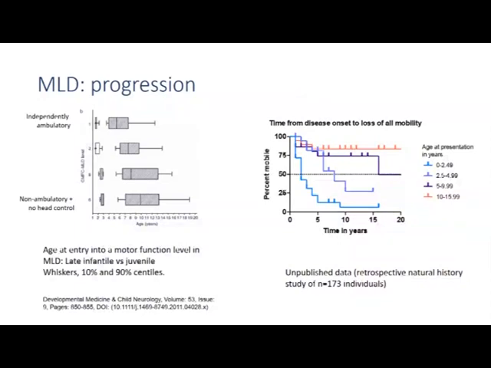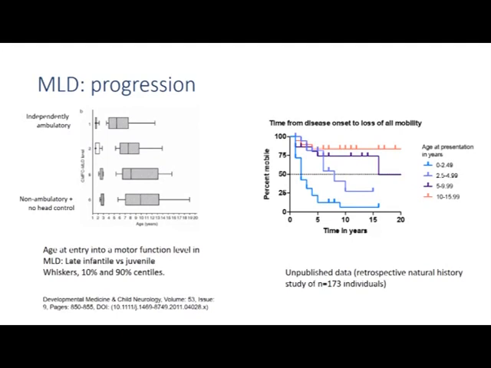That spread is also true when you look at the change of the gross motor symptoms and you compare the late infantile to the juvenile forms of disease. On the left is work by the German Leukodystrophy group, and they looked at the age at entry. Children had different levels on a gross motor scale, again that GMFC-MLD level.